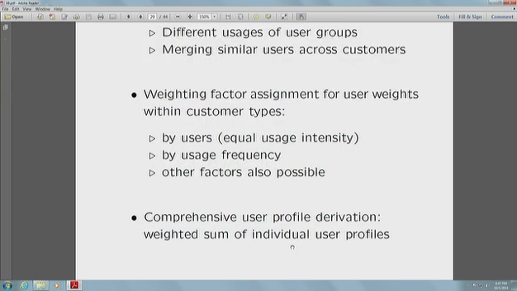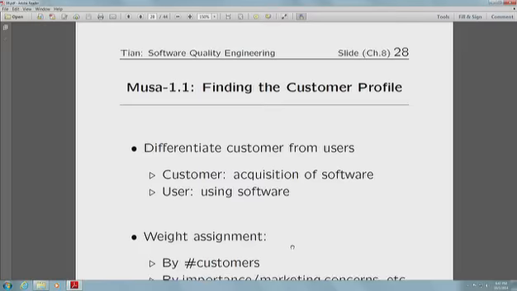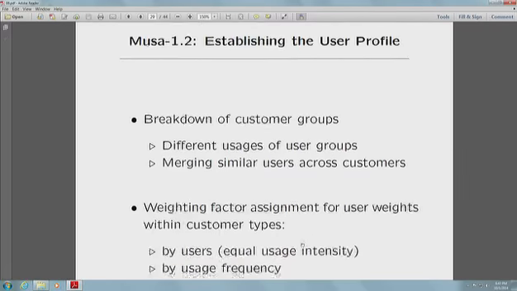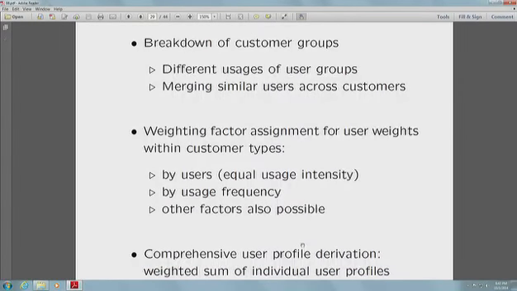And so what we have here is that now we identify the users within each customer group, and then, similar to what we did over here, we can try to come up with a weight assignment with some frequency, some data collection, some coordination and consolidation. We can get the same kind of weight assignment within each of the customer groups.